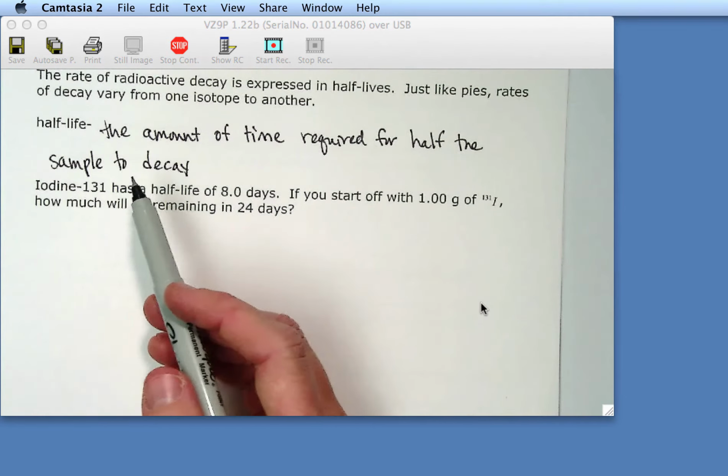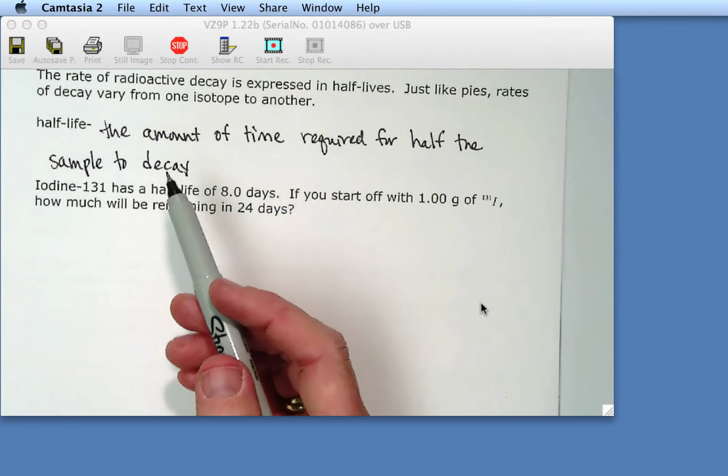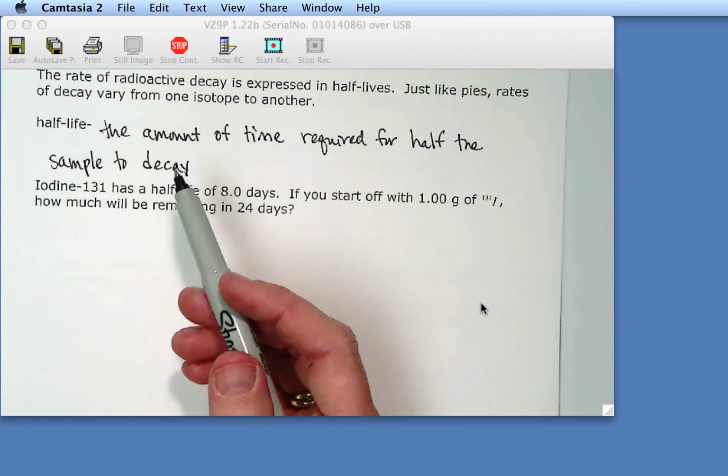When it decays, it's no longer that radioactive element. It goes to a new element and some emitted particle.